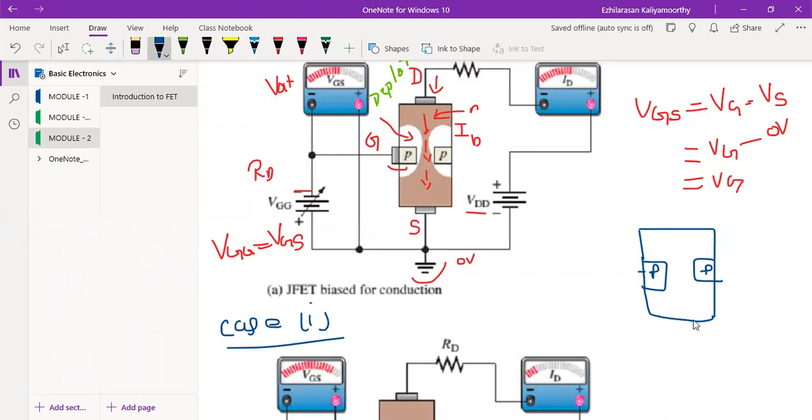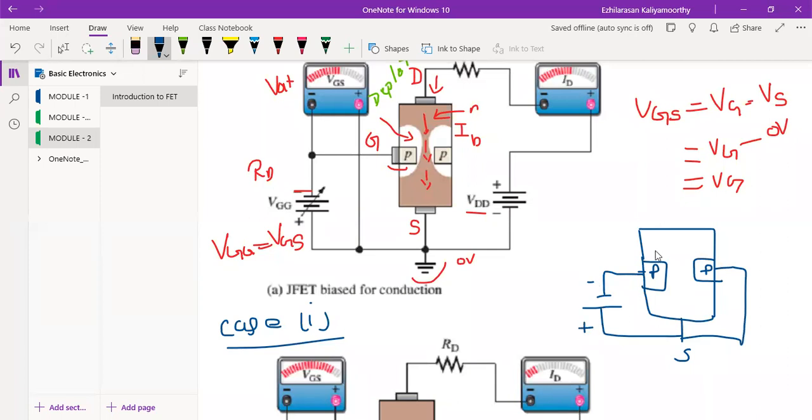Now, when I connect negative to negative at the source, this is positive. This is the substrate, right? Even the substrate is connected here only, so this also is negative.